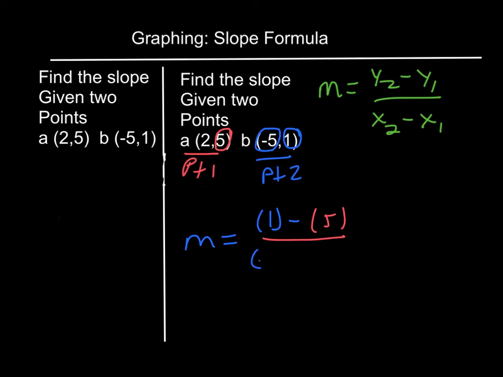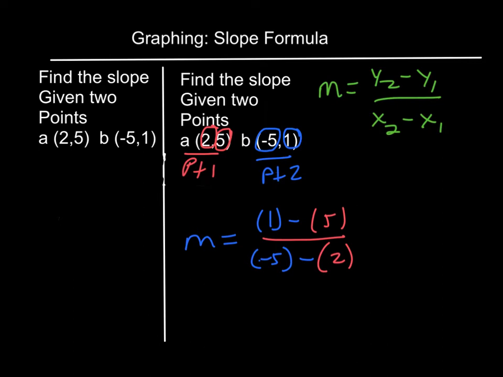So that's -5 minus, and then my x1 is right there. So that is 2. So what I want to emphasize here is, notice that the point 2, which is in blue, is stacked above each other: 1 and -5, 1 and -5. The point 1, which is red, is stacked above each other. So that is 5 and 2. So that's critical. This has to be this point, and this has to be this point.